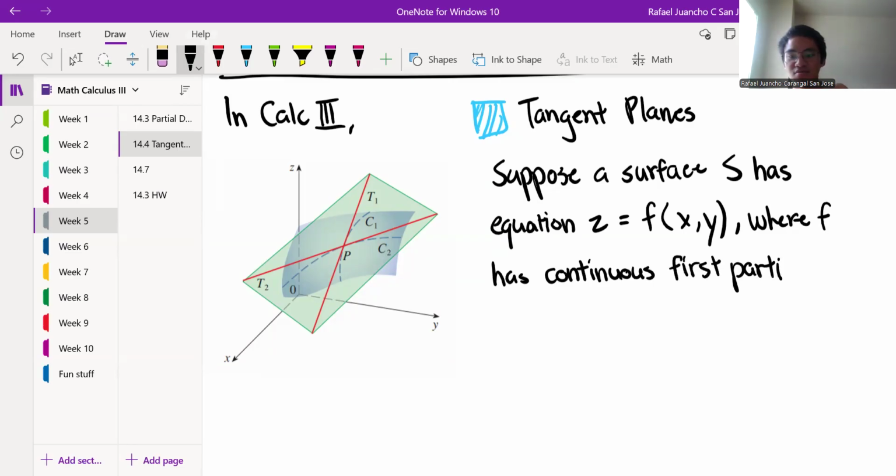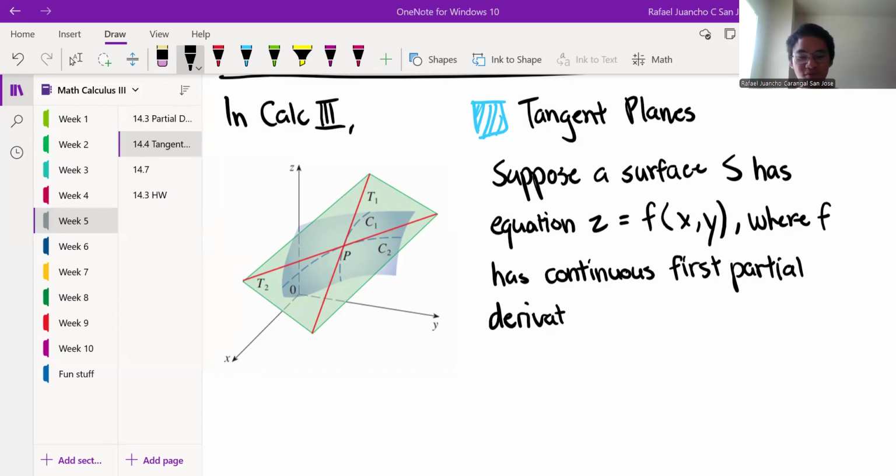So what does that mean? Well, in calculus 1, in order for a function to be differentiable, one of the conditions that it has to fulfill is continuity. It has to be continuous. So no holes, no gaps, no nothing.